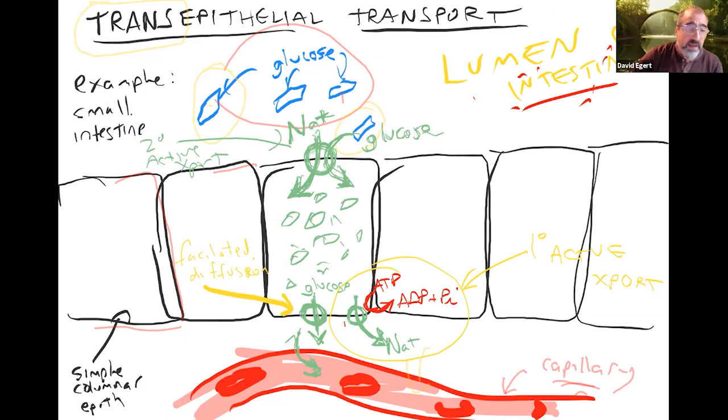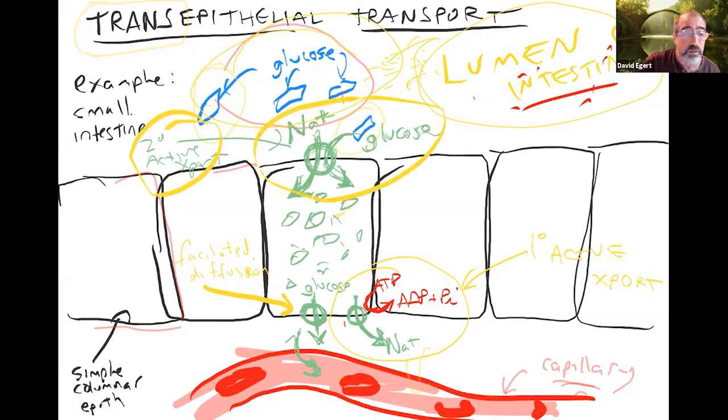So what we have here is glucose in the lumen. To actually go from the lumen into the cell, where there's already a lot of glucose, we're going to need an active transport to pull the glucose into the cell. That's going to be done by the secondary active transport using the sodium gradient and this symport that couples sodium and glucose movement.